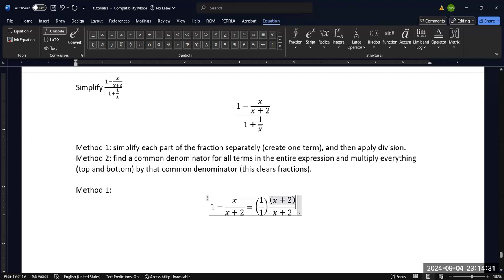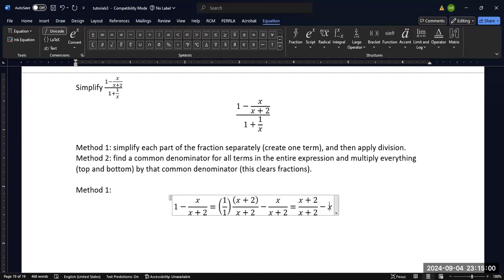The second term here already has that denominator, so I don't need to do anything with it. Now, when I multiply 1 over 1 by x plus 2 over x plus 2, I'm still getting the equivalent of 1, but I'm writing it as x plus 2 over x plus 2.